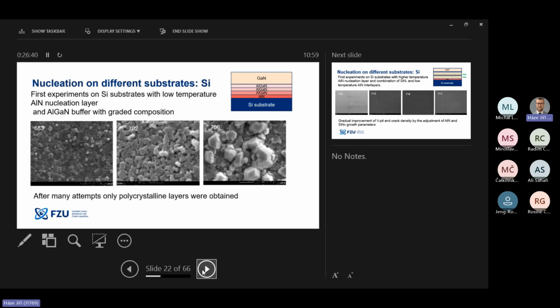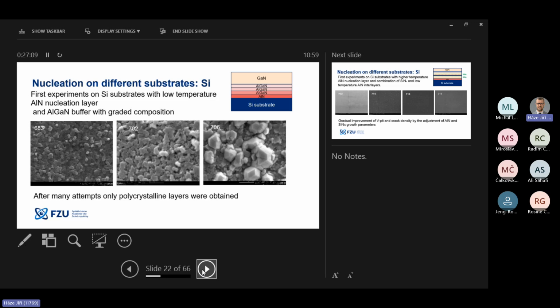And silicon carbide brings the advantage of good thermal conductivity and quite good lattice constant mismatch. Also, the bowing when growing gallium nitride on silicon carbide is not so difficult as in the case of silicon.